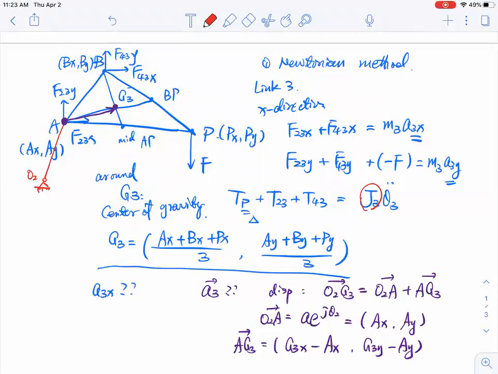Oh, sorry, you can do this in SolidWorks. I think I'm gonna give you this J3, okay? J3 will be provided. So keep an eye on the future announcement. I'm gonna give you the J3 and also give you the coordinates for G3. So then you have a better understanding.